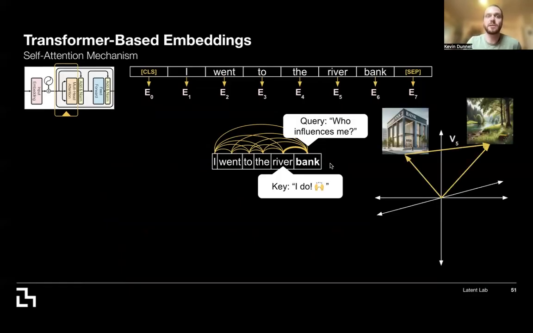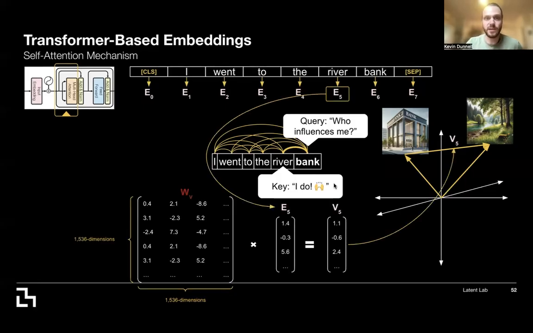For example, if we want the word river to cause a change of the word bank in this 1536 dimensional space that more specifically encodes a riverbank, we need to create this sort of delta vector. The way that we do this is a bit of a naive approach, because this isn't exactly how it happens, but I'll get to that in a second.